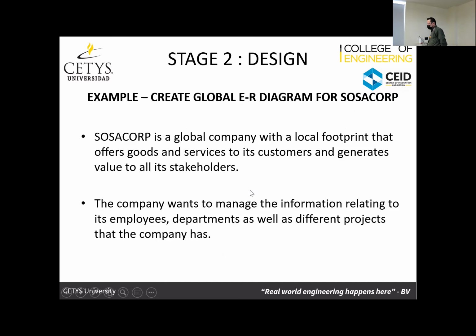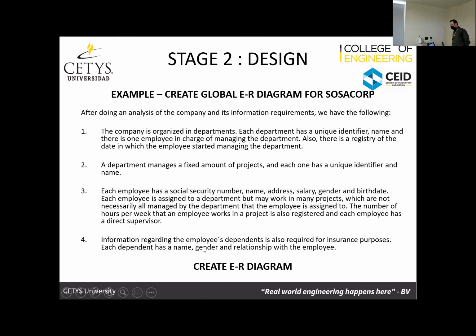Okay, so to wrap this up, we are going to go back to the Sosa Corp example. Remember that Sosa Corp was this company that offers services in a global footprint. It had departments, it has employees, it has projects. Employees work on projects, employees are assigned to departments, employees can manage departments and employees can supervise other employees, and employees have dependents.